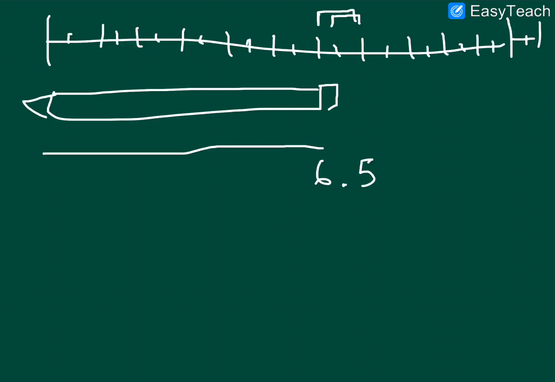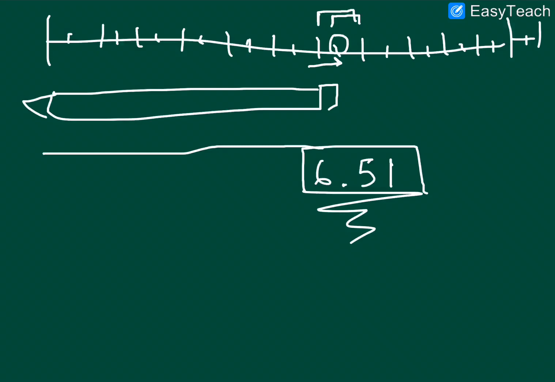So this looks like it's barely over 0.5, so I'm going to put 6.51, and that's where I have to stop, because the ruler isn't precise enough and you just can't know more. So we say that this number has 3 significant figures because it has 3 numbers that are actually contributing to whatever you're measuring.